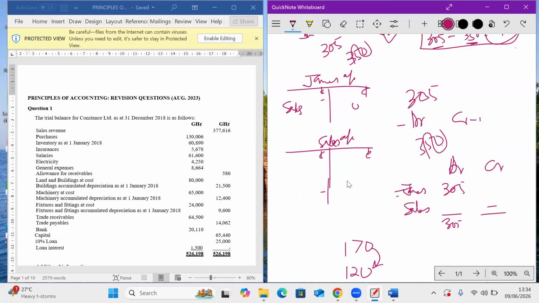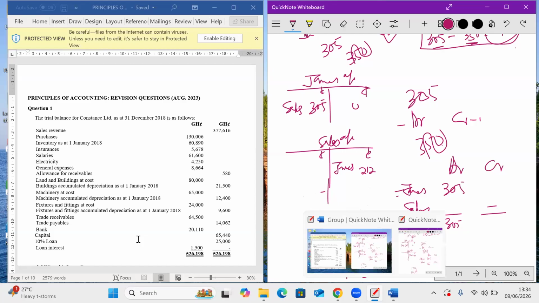So here we have 305. Instead of recording 305 also in sales, the corresponding account, the person recorded 212. It's referring to the same transaction, but instead of recording 305, the person recorded 212.